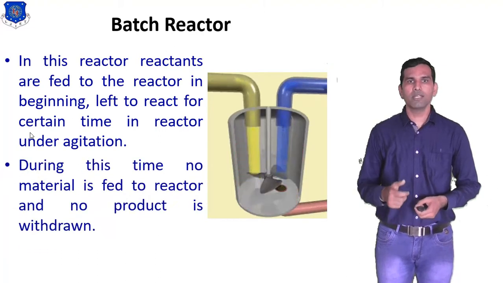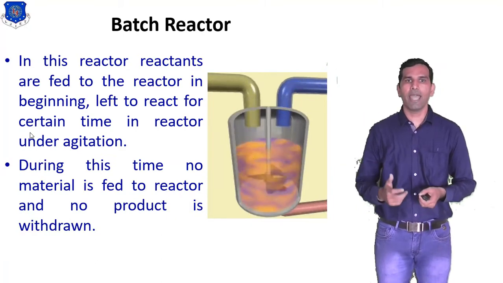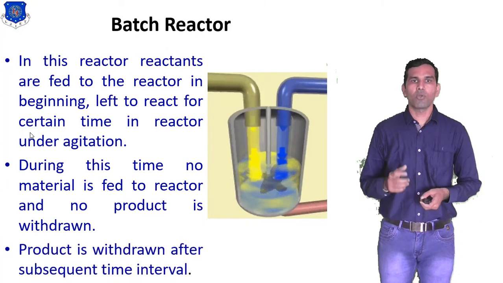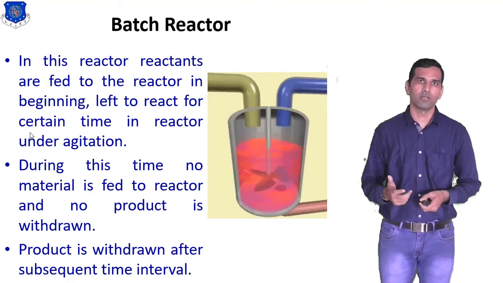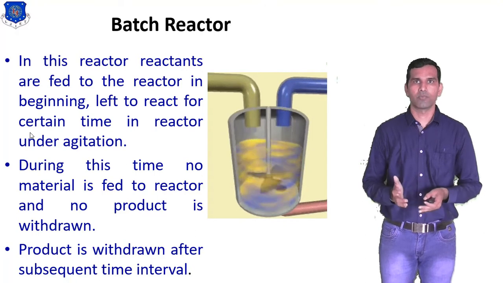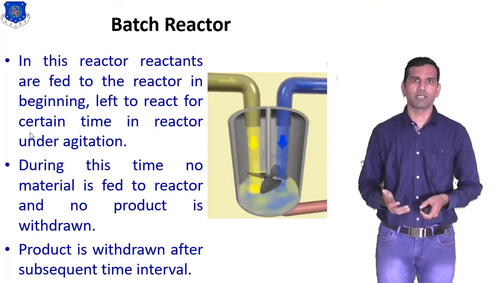During this time no material is fed to the reactor and no product is withdrawn. Product is withdrawn after a subsequent time interval. This is the normal procedure, or the behavior, of a batch reactor.